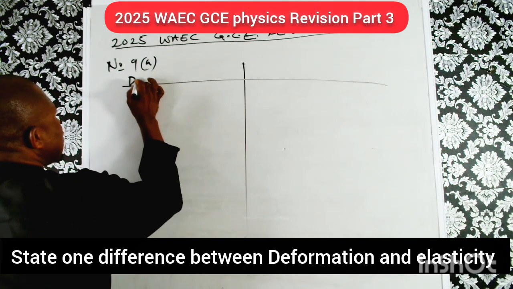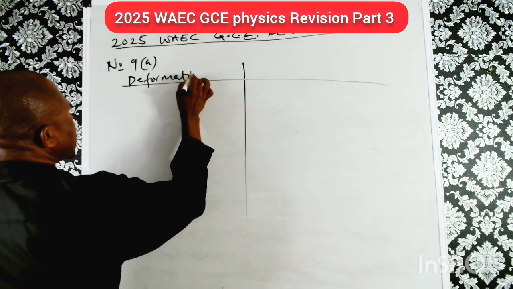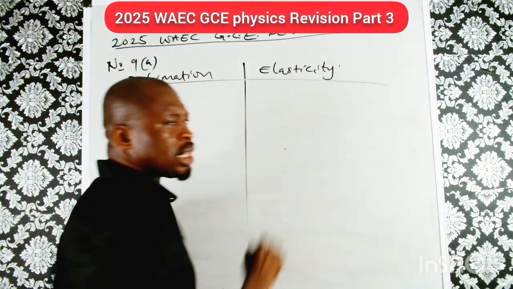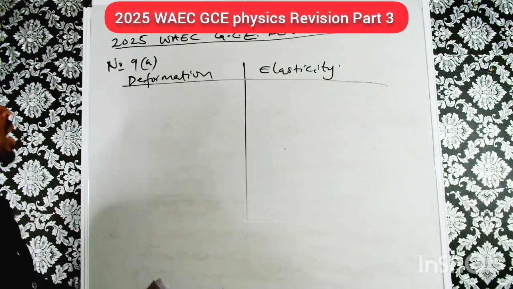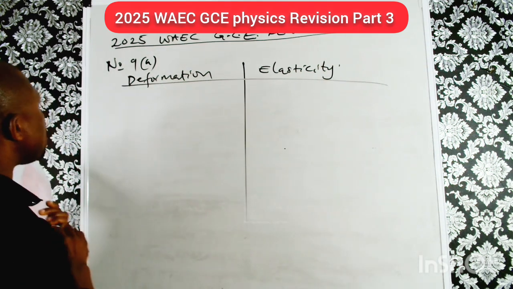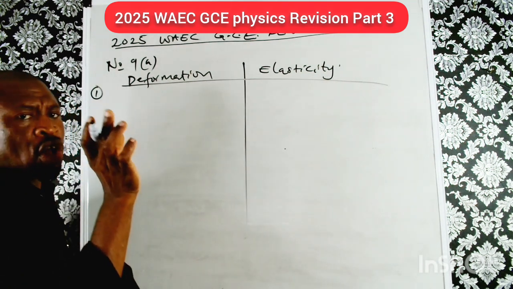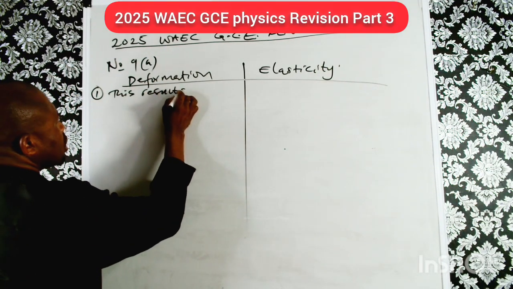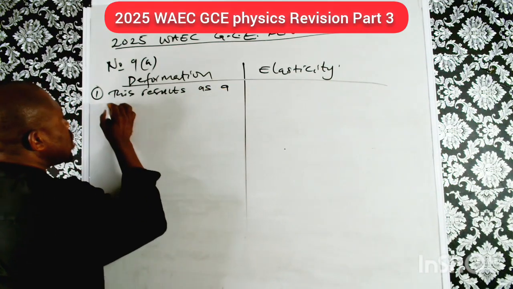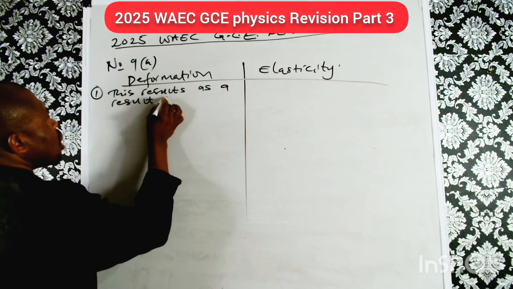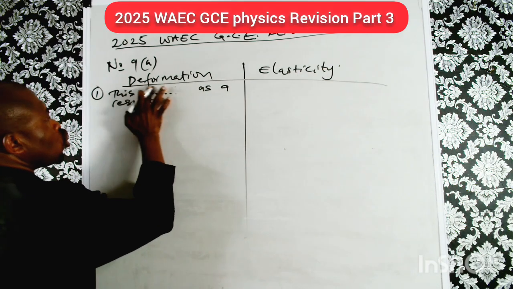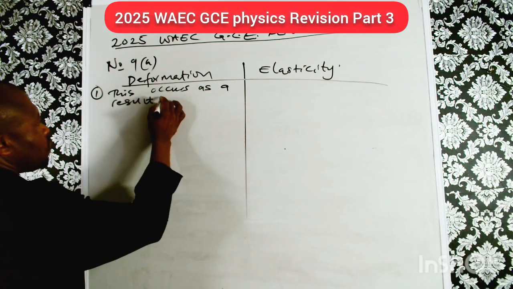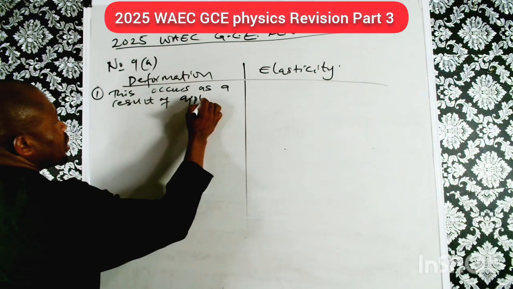All you need to do is use a table to differentiate. You write deformation on this side, while elasticity on this side. In the first place, you can say that deformation occurs as a result of applied force.